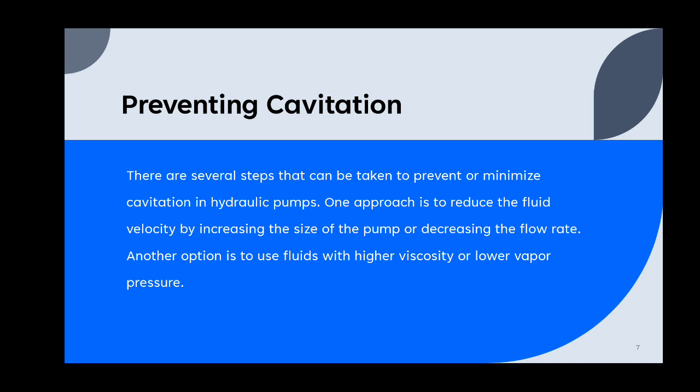Another option is to use fluids with higher viscosity or lower vapor pressure. So these points can decrease the cavitation. These points may prevent the cavitation to some extent, but not with a 100% result.